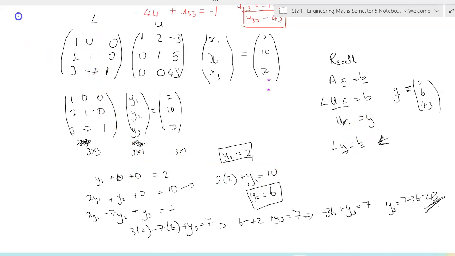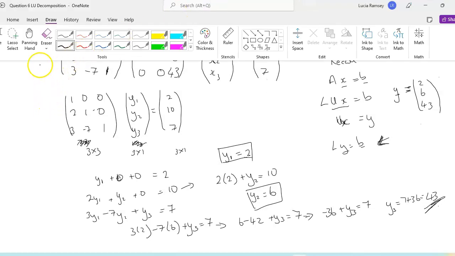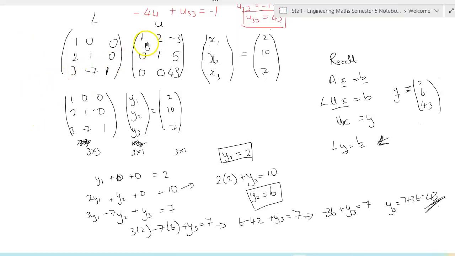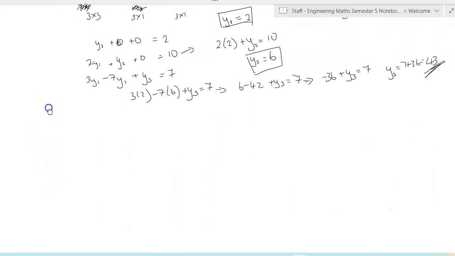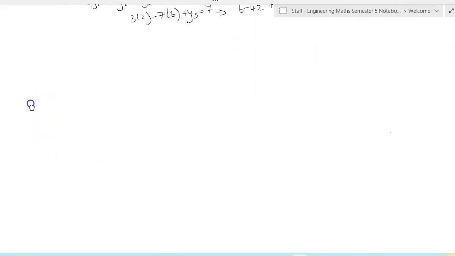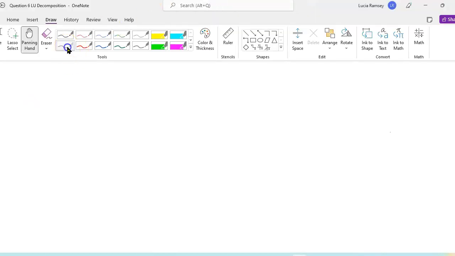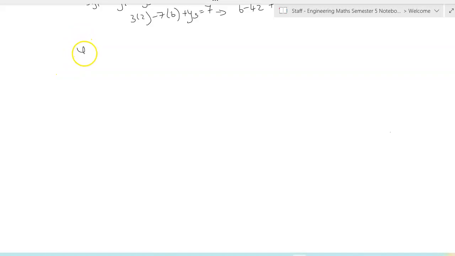So let's just pan down, and the upper triangular matrix is 1, 2, minus 3. That's the upper triangular matrix there. So we're at the upper triangular matrix times x equals y.